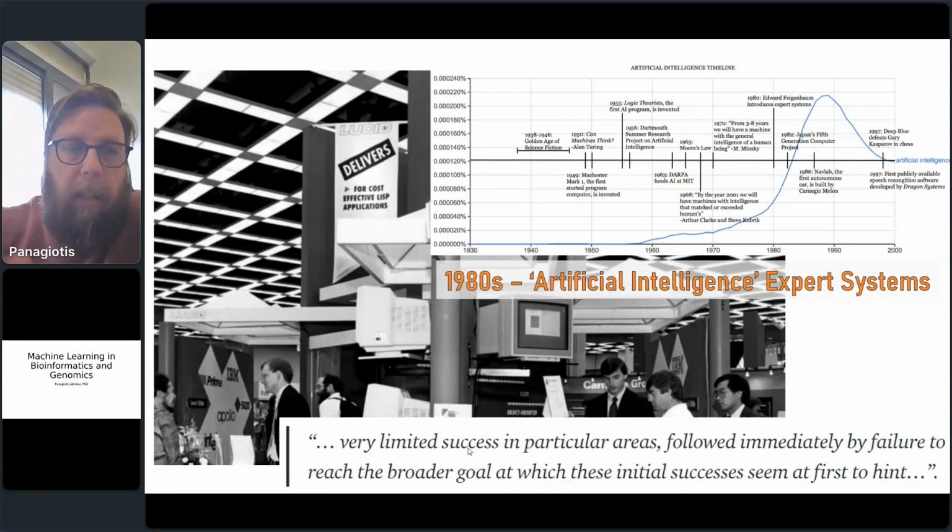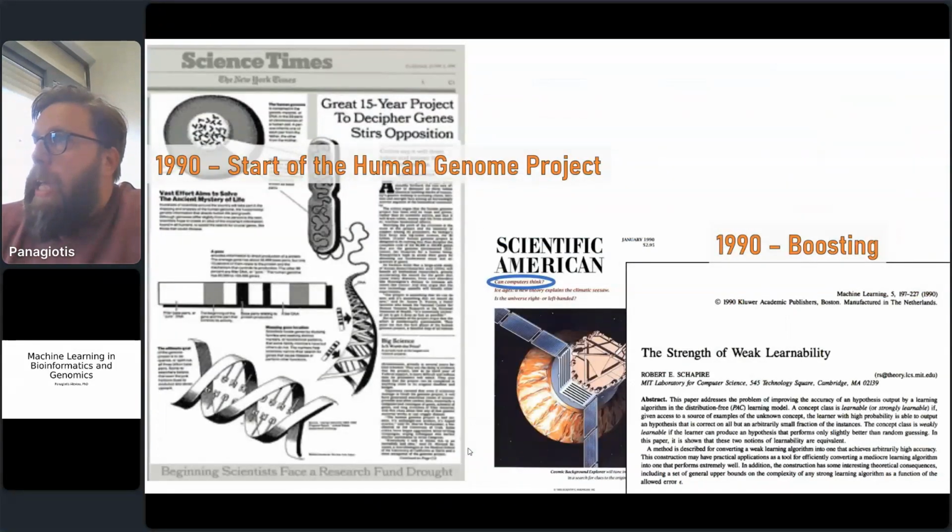In the 80s, by the way, we have another AI winter after the expert systems idea kind of dies off in the late 80s. And in the 90s, finally, we get the idea that we should sequence the whole human genome, like we should go for it.